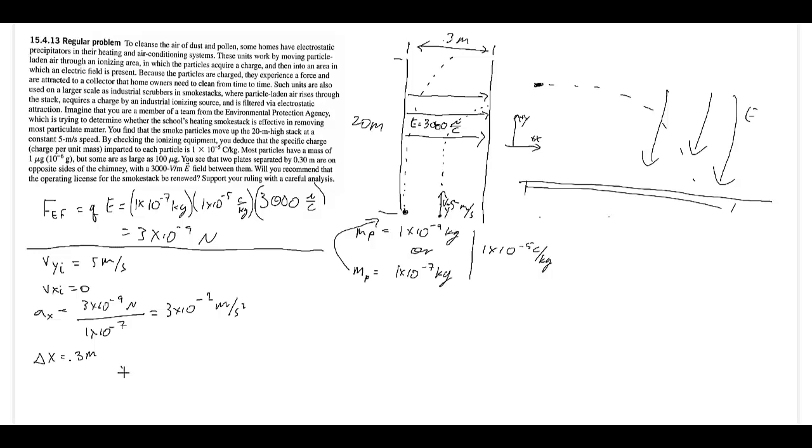So we know that delta x is going to be 1/2 a t squared plus v initial t. We said that vx initial is 0, so it doesn't matter. So then our time is just going to be the square root of 2 delta x over a, which is going to give us 2 times 0.3 meters over 3 times 10 to the negative 2 meters per second squared.